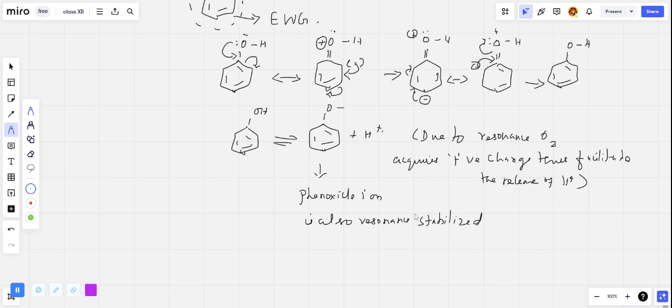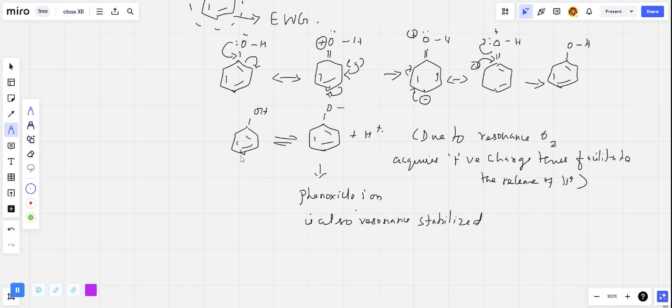Resonantly, the phenoxide ion is also a stable one. Both phenol and the phenoxide ion are resonance stabilized, but due to the charge separation, phenol is less stable when compared to phenoxide ion.